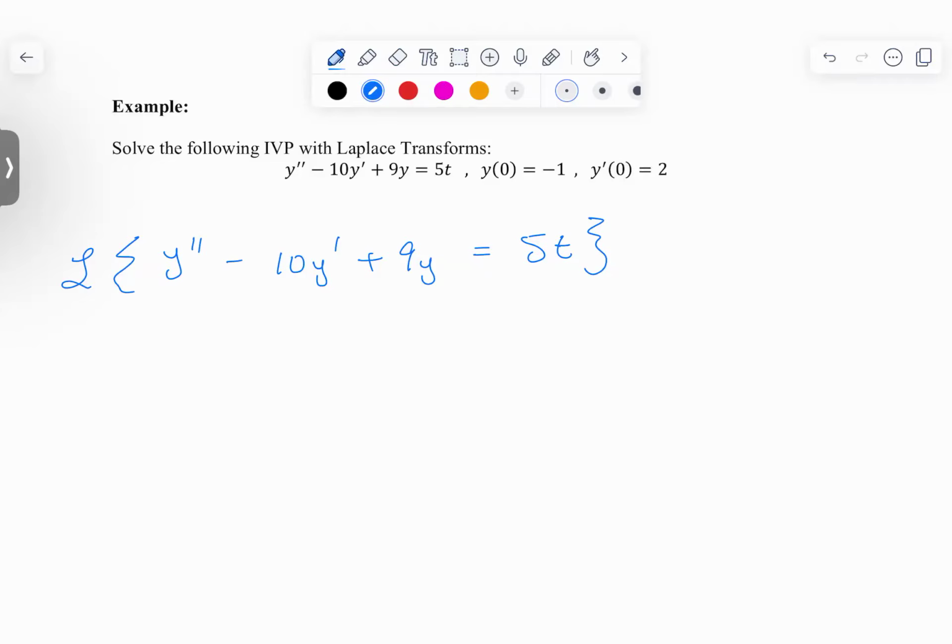Is it possible that I have a function here that I can't do a Laplace transform of? Notice in our sheet, there are some functions that we don't have transforms for. Is there any that jump out? Tangent. The other half of the trigonometric functions. We have sine and cosine, which is the vast majority, the same thing we talked about with undetermined coefficients.